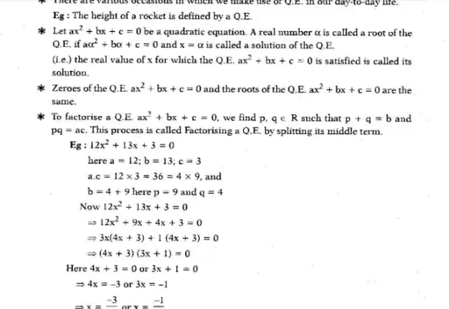That means if we substitute the value x equal to alpha in the equation, if it is equal to 0, then alpha is called a solution of the quadratic equation.